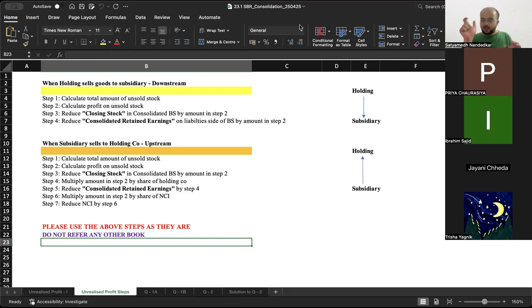Then, whatever is the profit on unsold stock, वो amount आपको subtract करना है from the total closing stock in consolidated balance sheet. ये जो भी profit था, because this is subsidiary that has sold goods to the holding company. ठीक है, तो calculate the amount of profit on unsold stock, multiply that with the share of the holding company. ठीक है, वो जो भी आपका value आएगा, subtract that amount from consolidated retained earnings, and whatever is the amount of profit on unsold stock, उसको आप multiply करो with the share of non-controlling interest, subtract that amount from NCI.